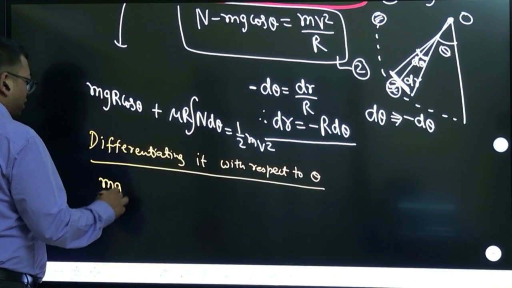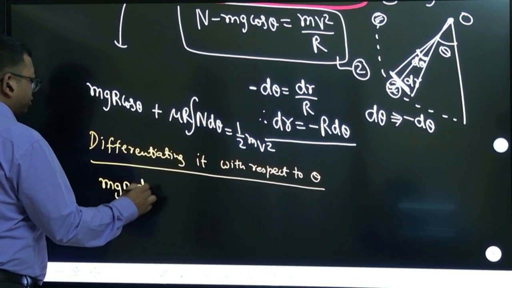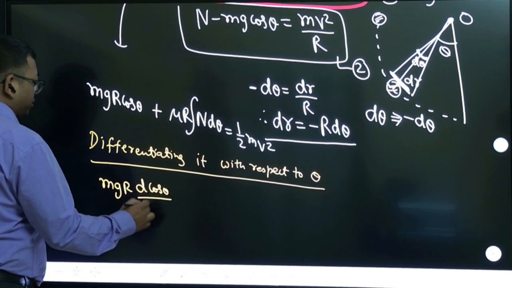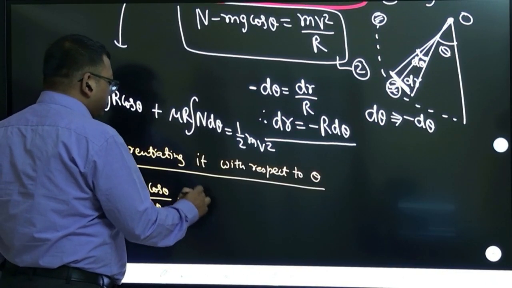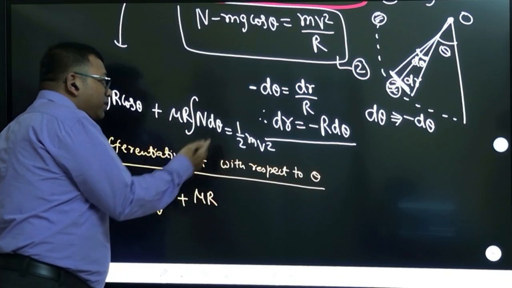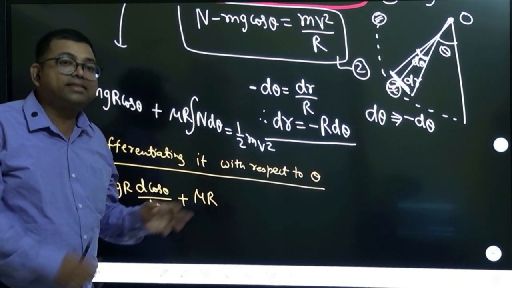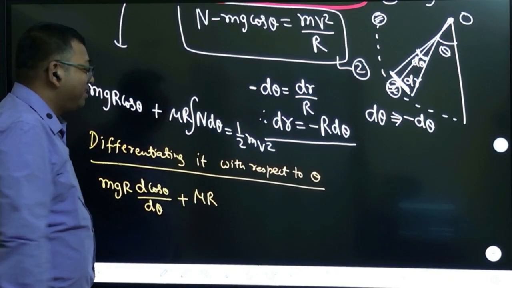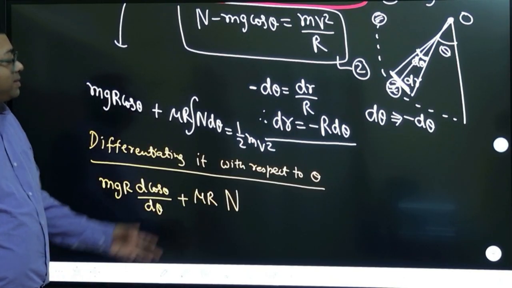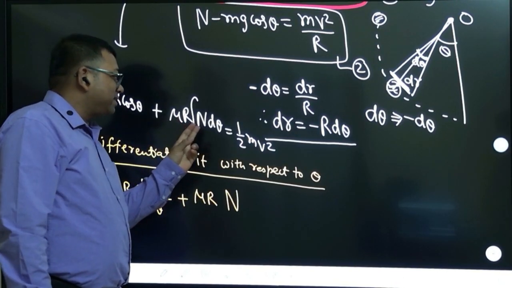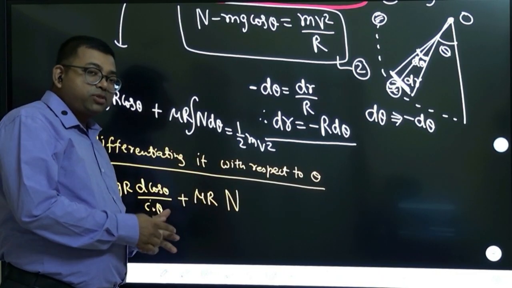So mgr comes out. You need to differentiate cos theta with respect to theta. Then note here that this mu r is anyway outside. When you differentiate, which is already an integration, that will give you simply n. That is where this calculation becomes a little bit easy. So integration and differentiation are opposite processes.